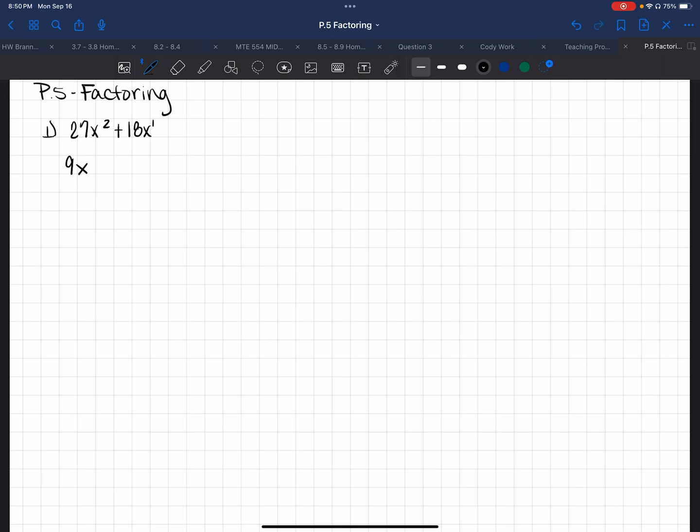So that's just going to be 9x. So we ask ourselves, 9x times what gives me 27x squared, and that's going to be 3x, plus 9x times what is going to give me 18x, which is 2. So we want to go back over here and type in 9x parentheses 3x plus 2.